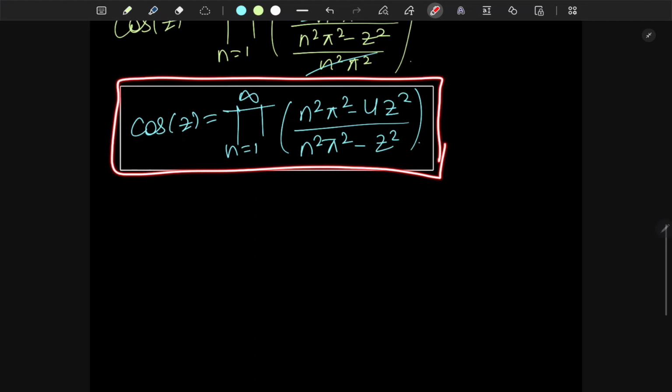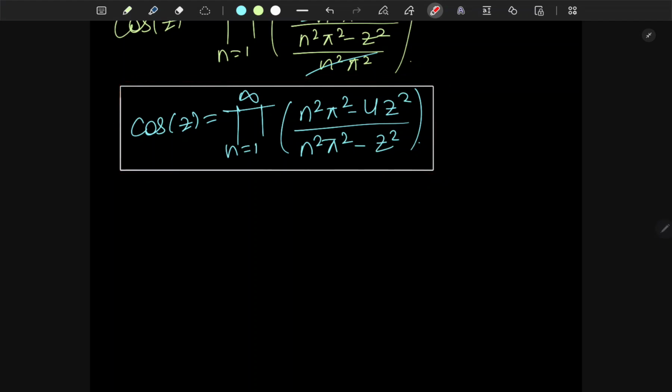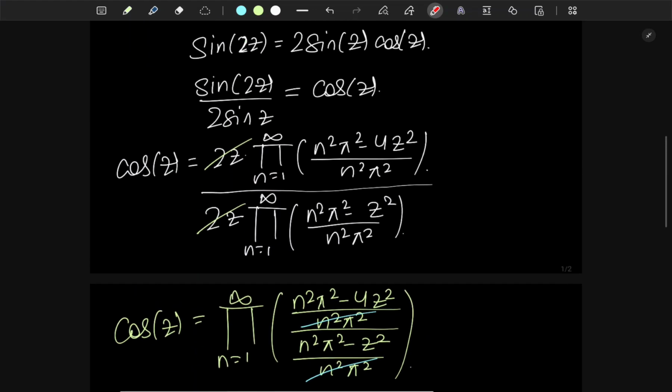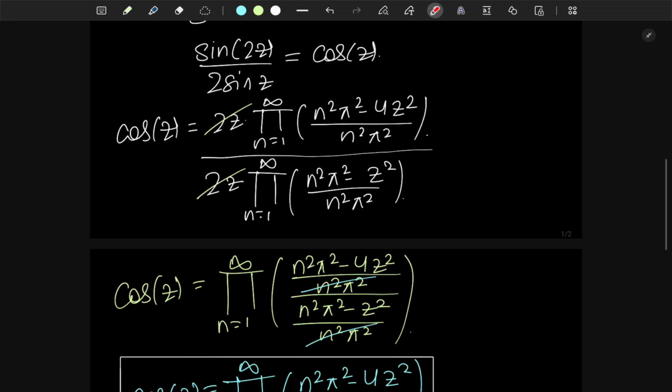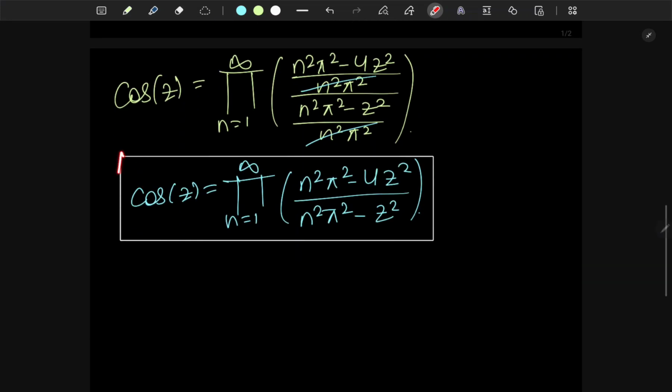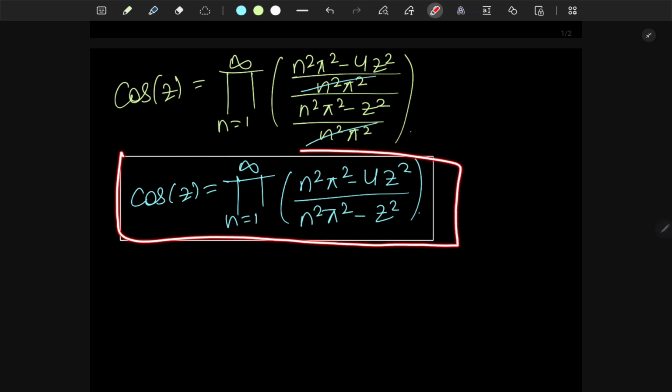And this is also correct, obviously, because we didn't use anything out of context, beyond the things that we have learned so far. I'm thinking to bring a new video on the standard representation of the cosine function as an infinite product. So I think I should begin working on that one also.